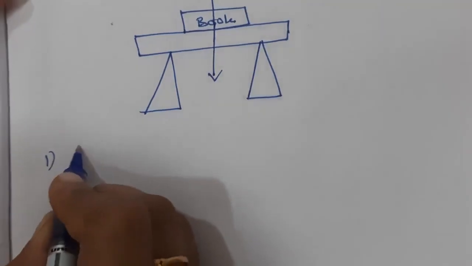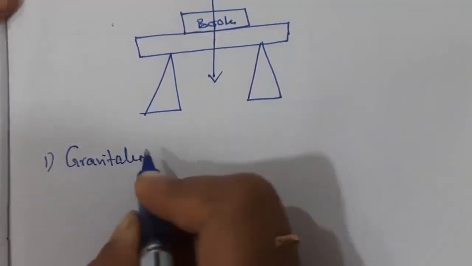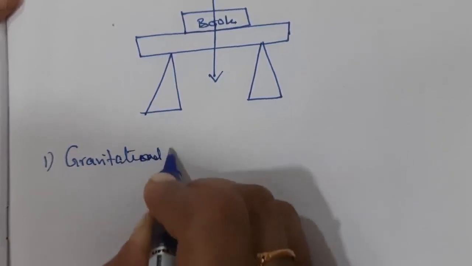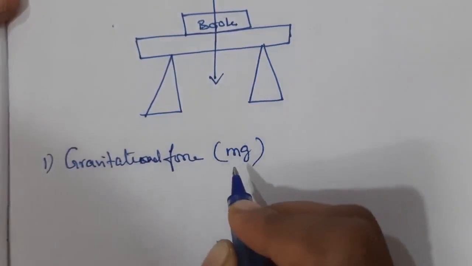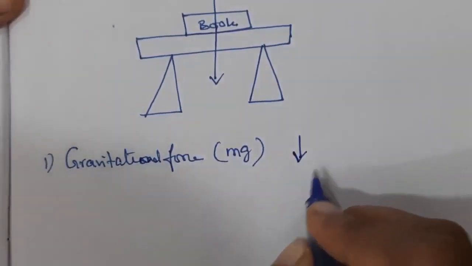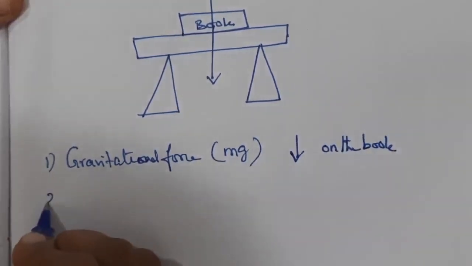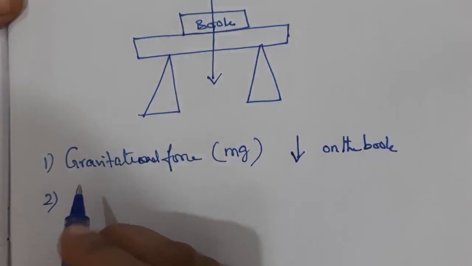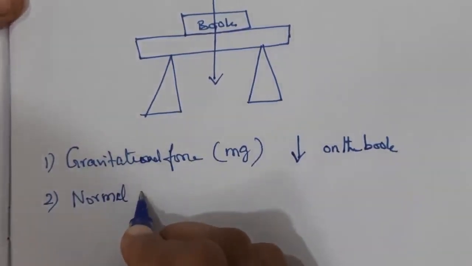That is, gravitational force is acting downwards. Gravitational force, normally we can write as m into g, which is acting downwards on the book. Second force is the normal contact force or normal force.